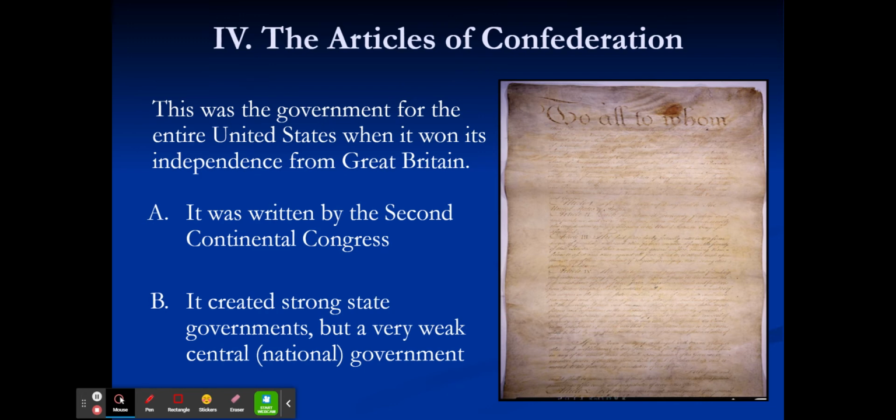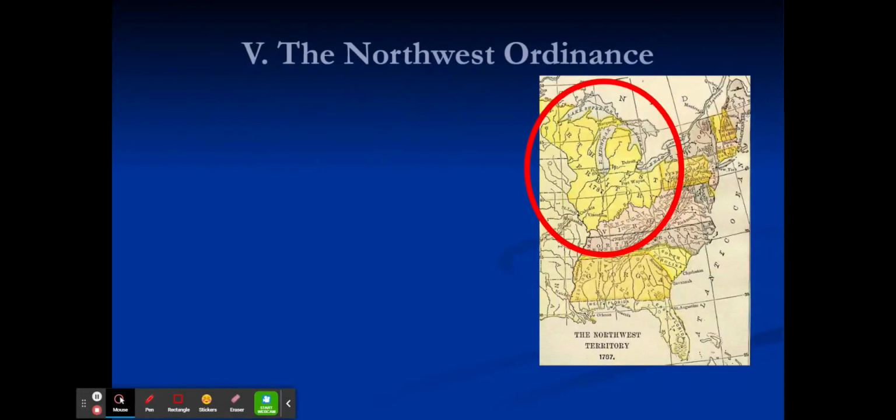So, despite a problem of not having a strong enough central government to run the whole United States, there was one thing that the Articles of Confederation did do really well, and that relates to the Northwest Ordinance.